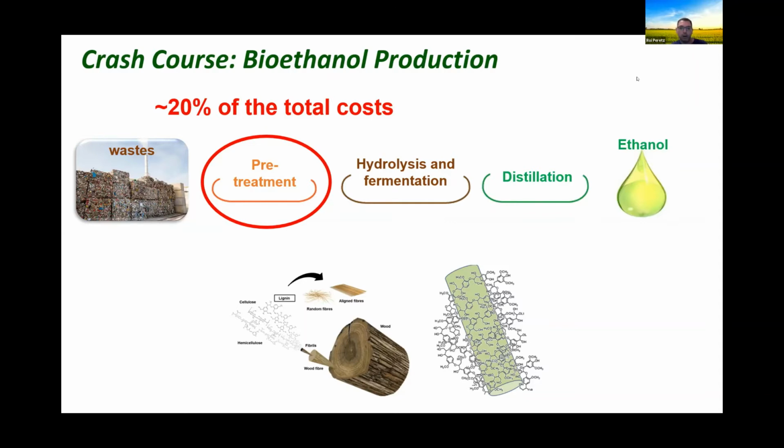You can imagine it as a kind of glue coating all the cellulose and not allowing us to break the cellulose down and make the ethanol. So we need some kind of pre-treatment to release the cellulose from the lignin. About 20% of the total cost is from the pre-treatment, a lot of money.